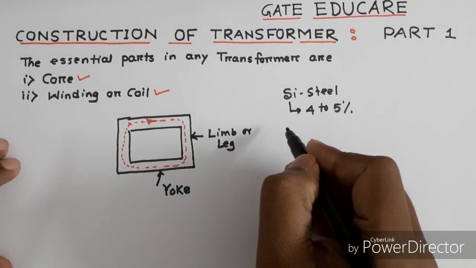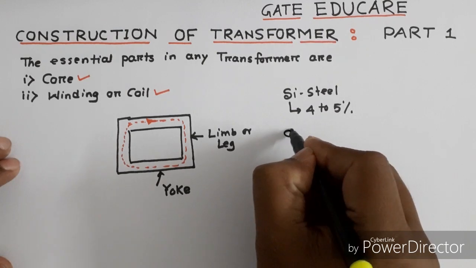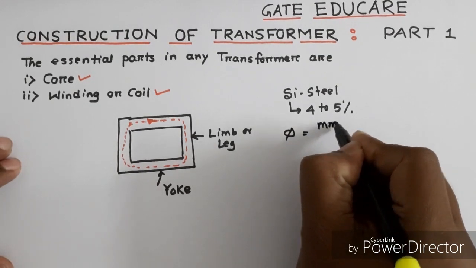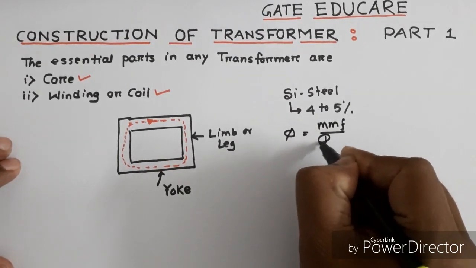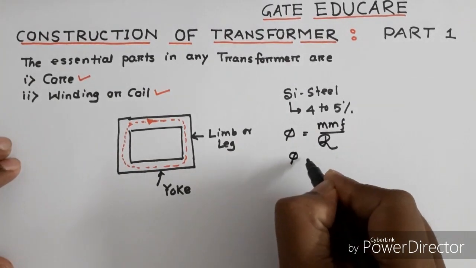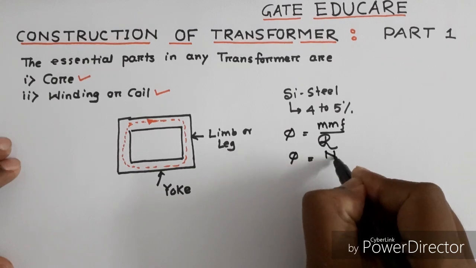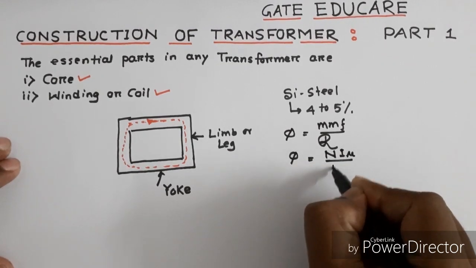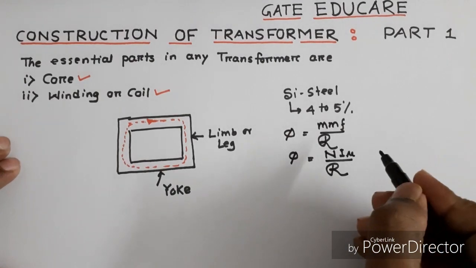Now, as we know, the flux phi equals mmf by reluctance. That means phi equals N into I mu ampere turns by reluctance.